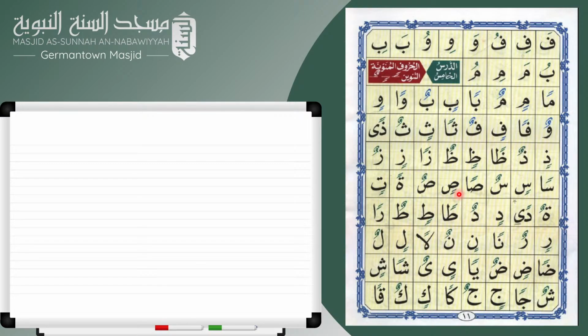It's heavy, good. Sad dhammatain sun. Son sin sun. See the difference between san, sin, sun and son, sin, sun. The sad is heavy. The sin is light. Who wants to do the next one?